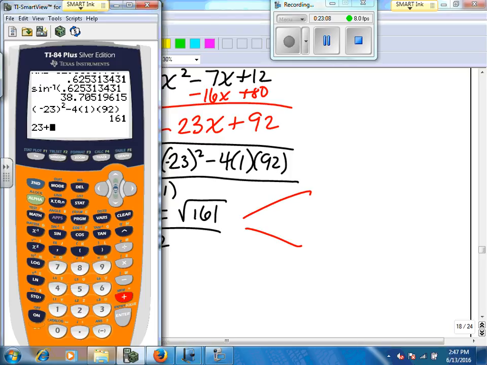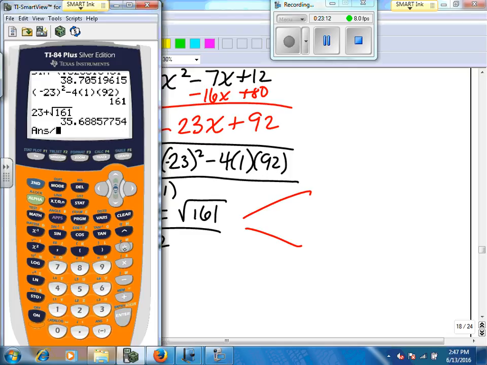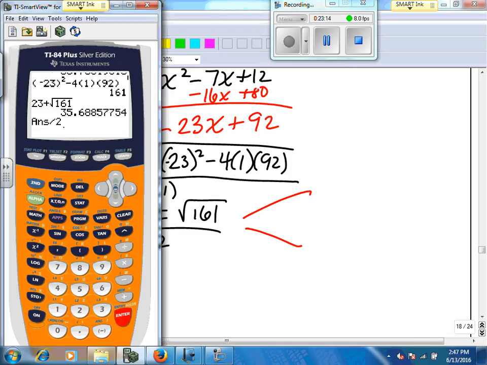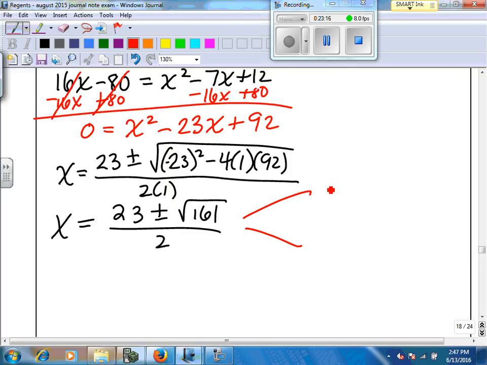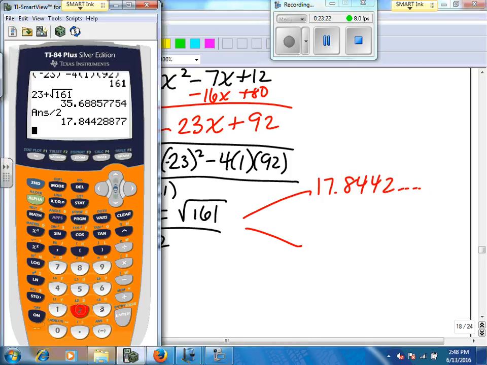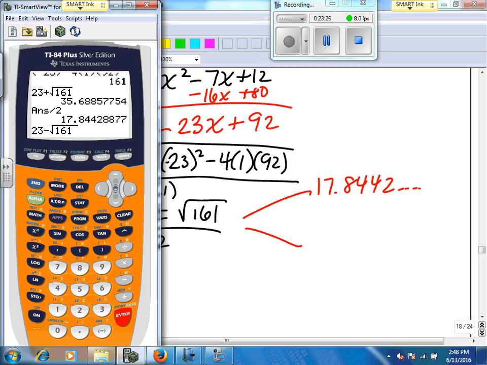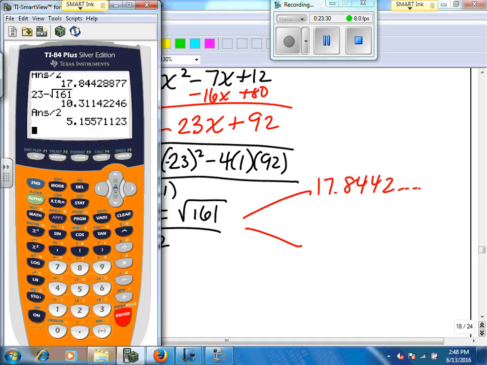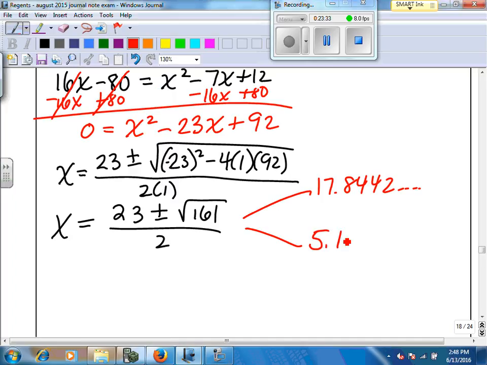23 plus square root of 161 divided by 2 is 17.8442, etc. And then if I do 23 minus square root of 161 and divide that by 2, I get 5.1557, etc. Now, what did the question say to round to?